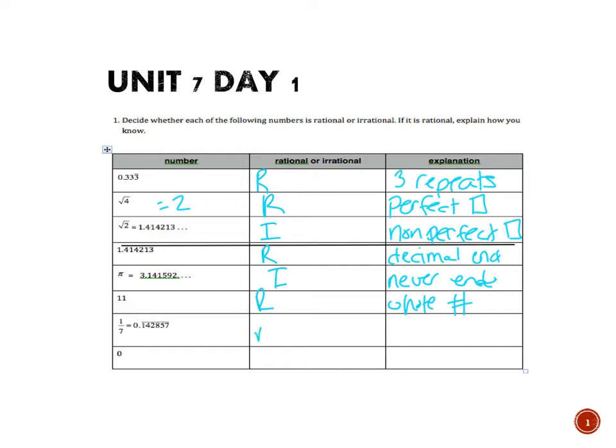It repeats, it's rational, and it's a fraction. And the decimal repeats. Zero is rational because 0 over any number is going to be 0. It's a whole number.